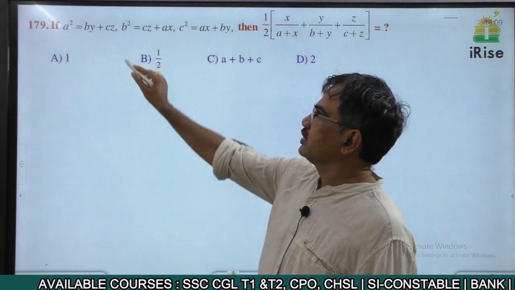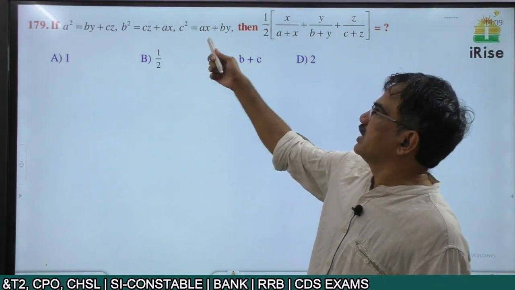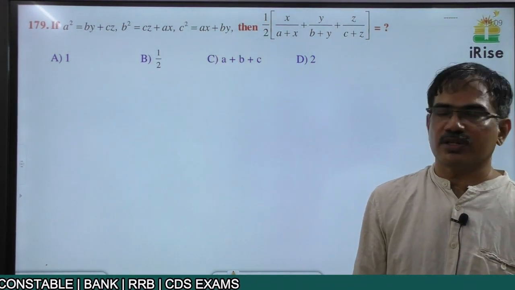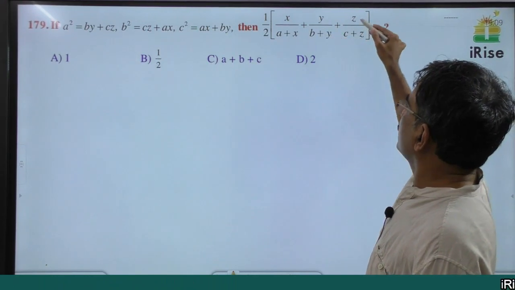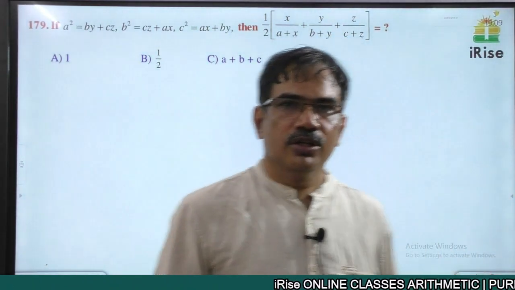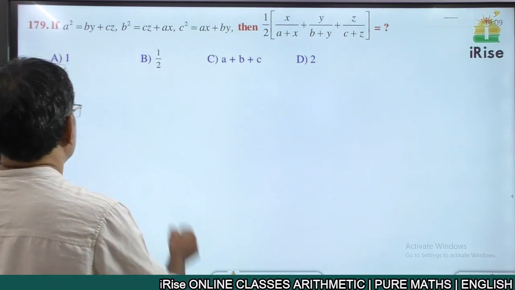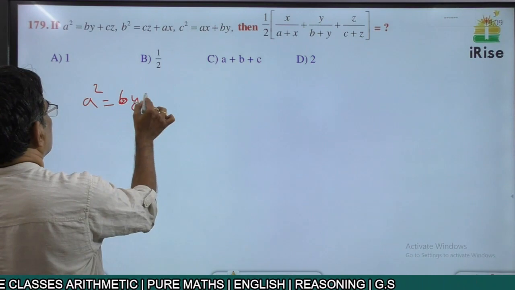If a square is equal to by plus cz, b square is equal to cz plus ax, c square is equal to ax plus by, then what is half of x by (a plus x), y by (b plus y), plus z by (c plus z)? So I want to consider only the first one. a square is equal to by plus cz.